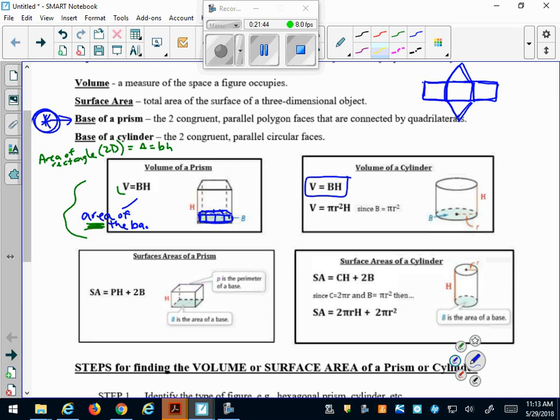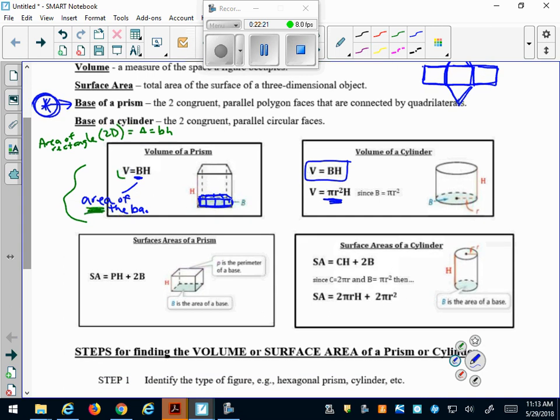Area is... Here they are, all on the board here, right? They are also on that pink sheet that I just gave you. So that's why it's really important that you keep track of that formula sheet that I gave you, because this capital B stands for the area of whatever shape your base is. And there's lots of different formulas that could need to be applied there, including cylinder. Area of a circle is pi r squared. Okay?